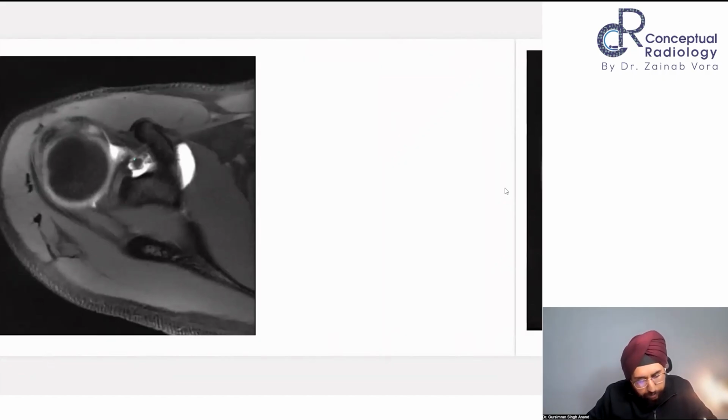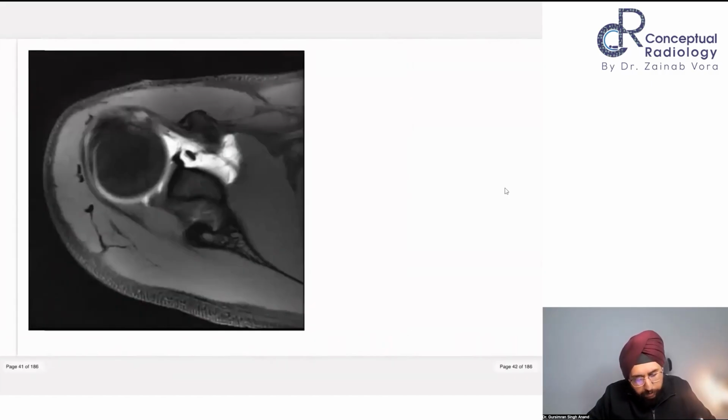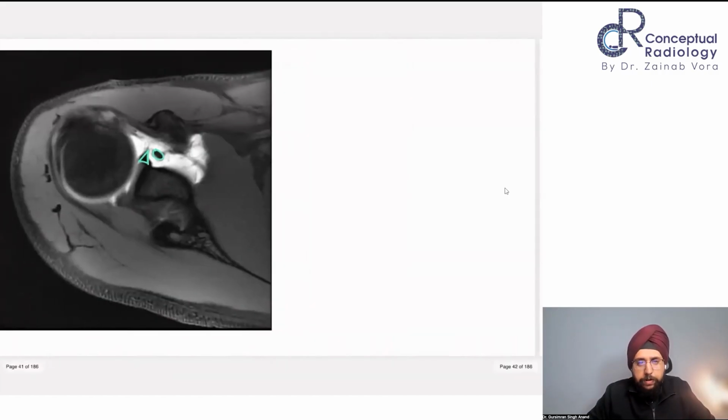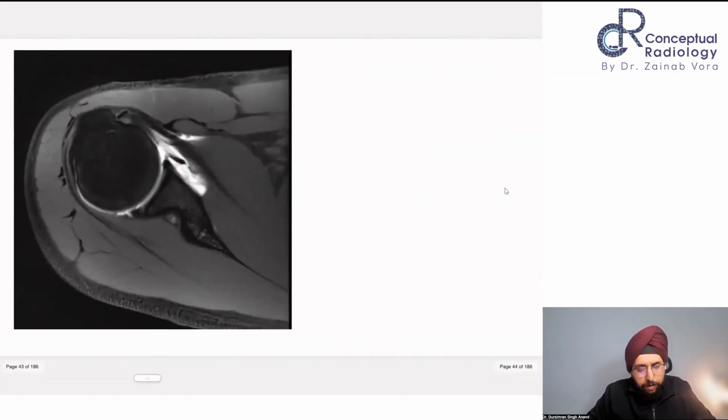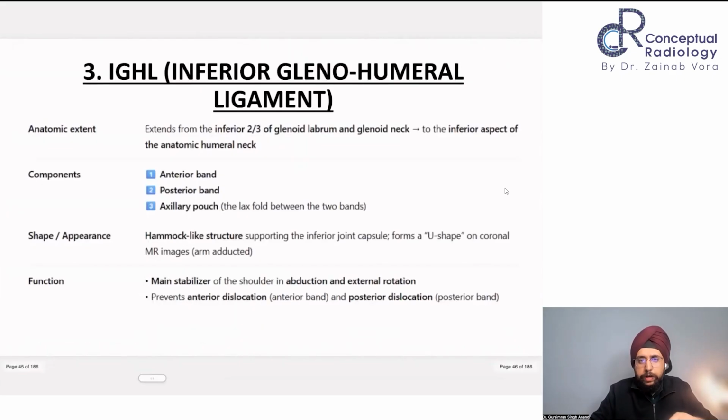Like in this case, this was your MGHL, and this was your anterior labrum. When we followed it below, this was the labrum, this was your MGHL. Further following it caudally, we ultimately see it starts to get elongated and merge with the anterior joint capsule.